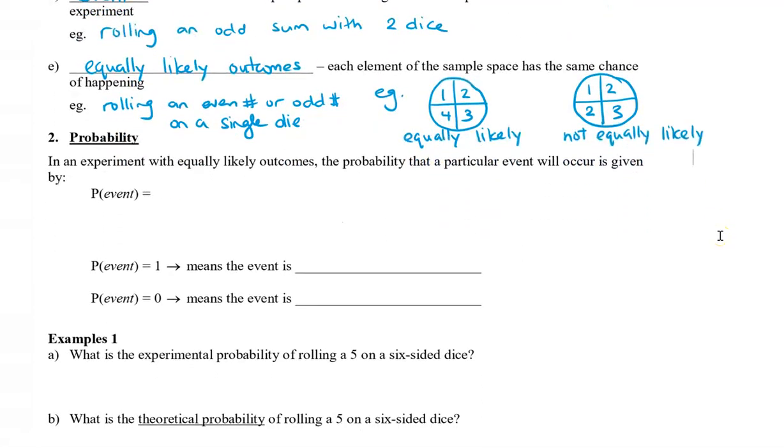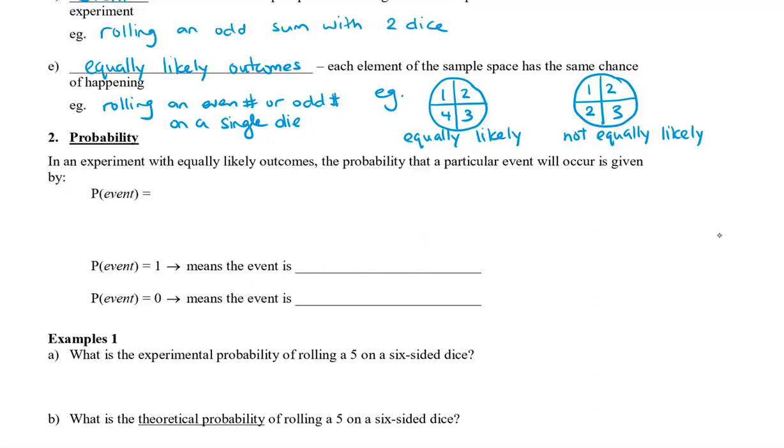So, in an experiment with equally likely outcomes, the probability that a particular event will occur is given by the probability of an event. So we write it with a capital P for probability, and in the brackets we write down the event that we're looking for.